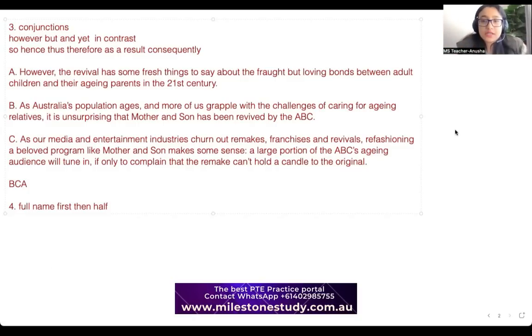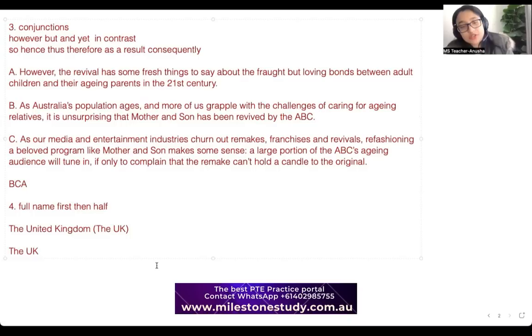Sometimes they could do something like this. They'll say the United Kingdom and then give that as the UK in the bracket, and in the next sentence, just the short form. Half name means also abbreviations, like the initials.